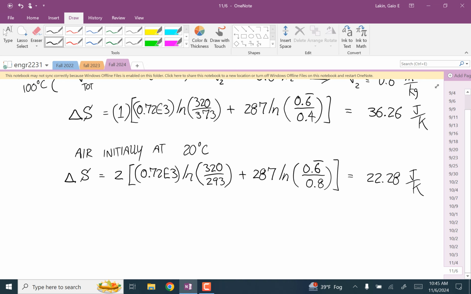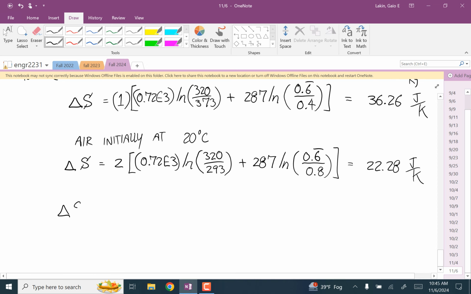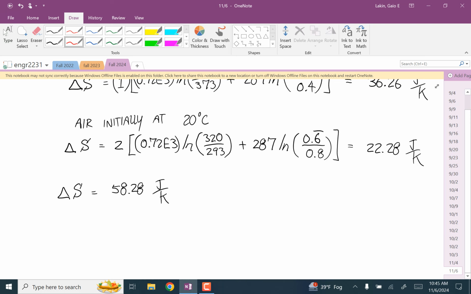So the total change in entropy is 58.28 joules per Kelvin. And if we went the other direction, it would just be the reverse. This is positive, so this direction is possible.